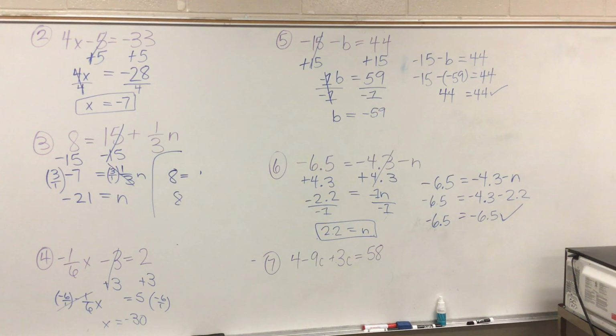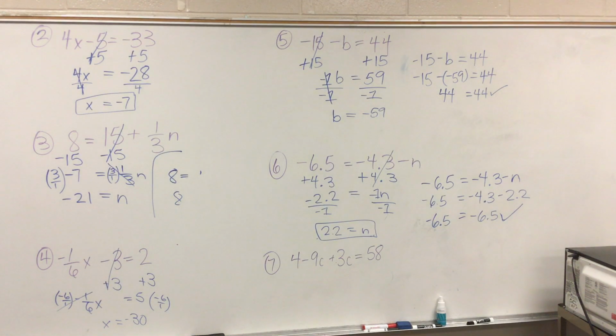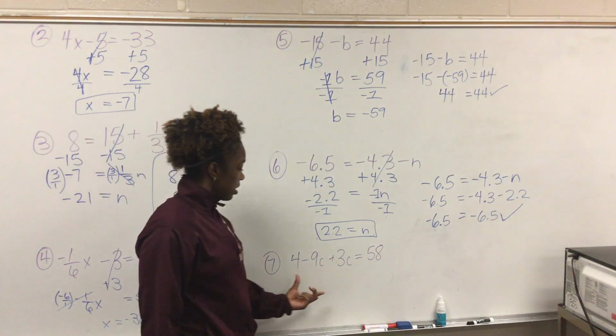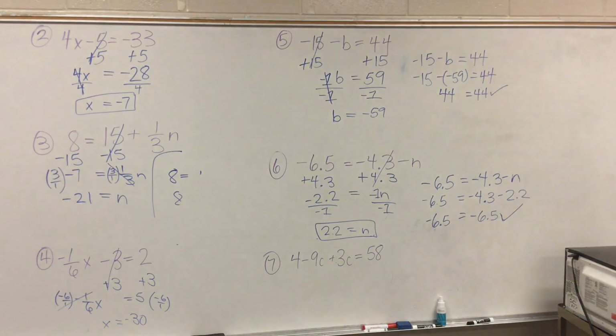All right, one more example, last one. We have 4 minus 9c plus 3c equals 58. All right, so here we see a problem because this is not simplified. You cannot work a problem if it is not in the simplest form. So we have to combine like terms.